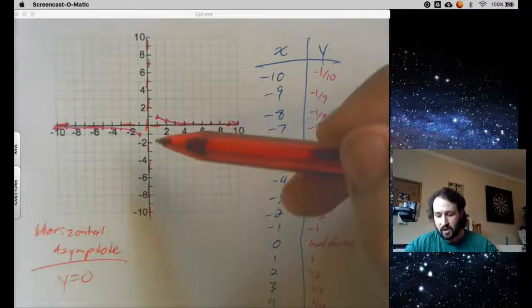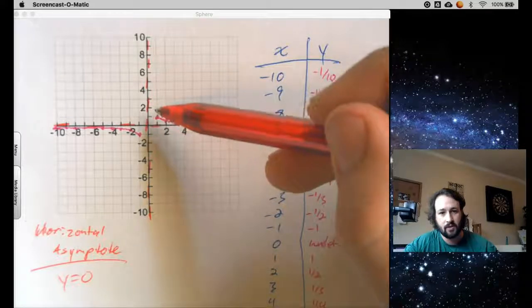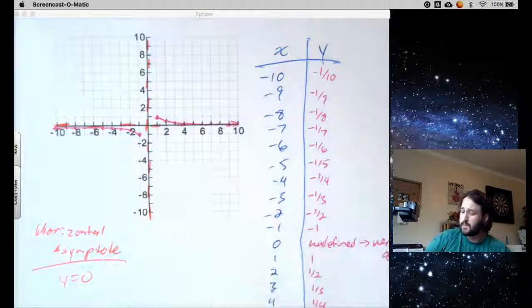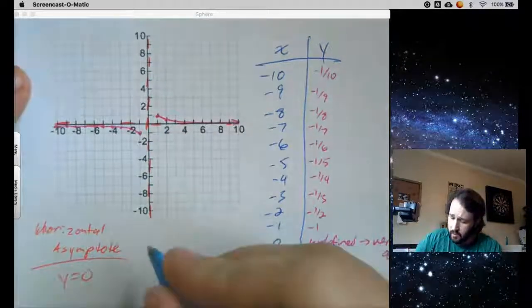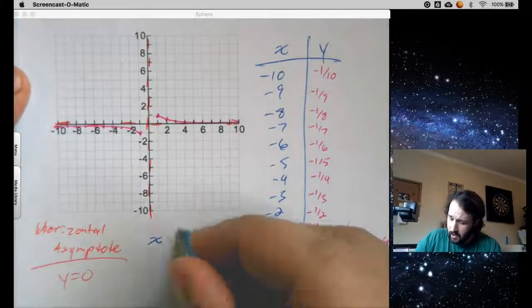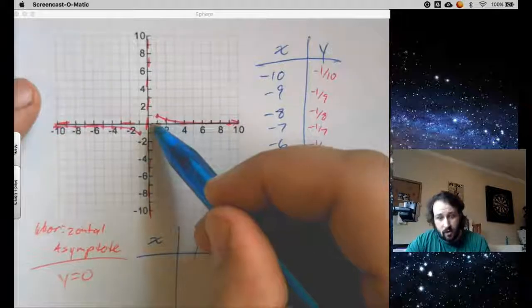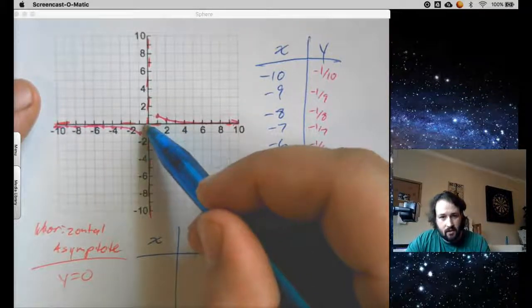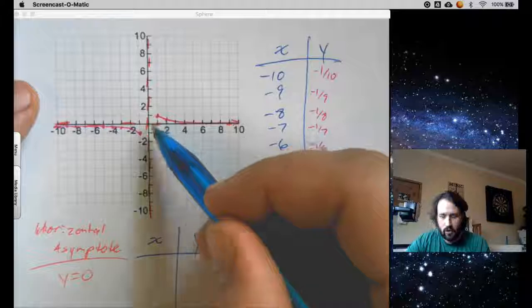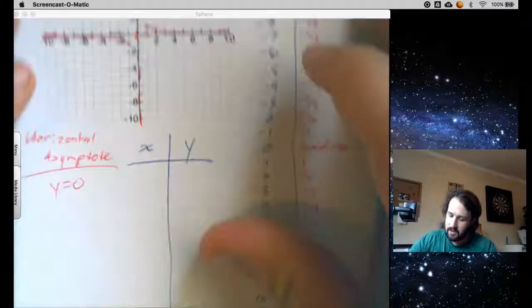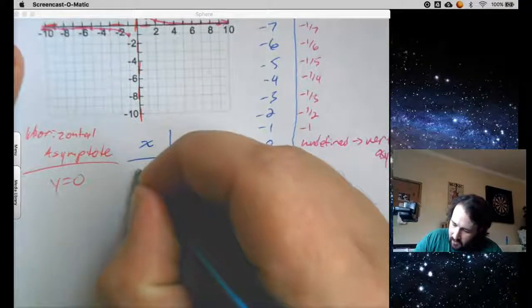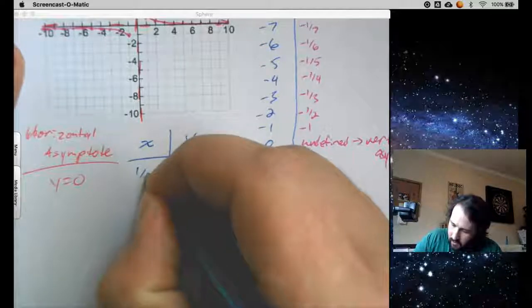So now we kind of have this blank space where we're getting closer and closer to our asymptote in this direction. So here's what I'll do for you guys. I'm going to make some more x and y values, and I'm going to make them fractions, right? Because we're between 0 and 1, and between 0 and -1. But let's just look between 0 and 1 and see what happens. Say I have an x value of 1/5.